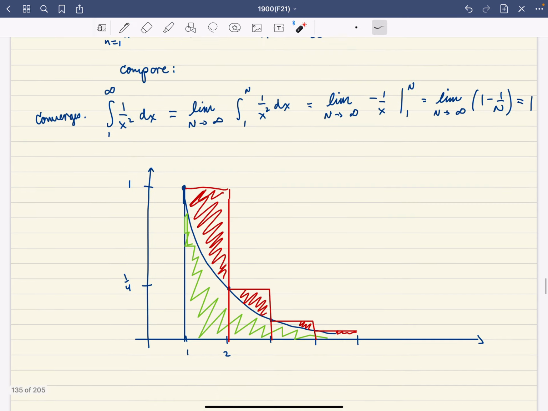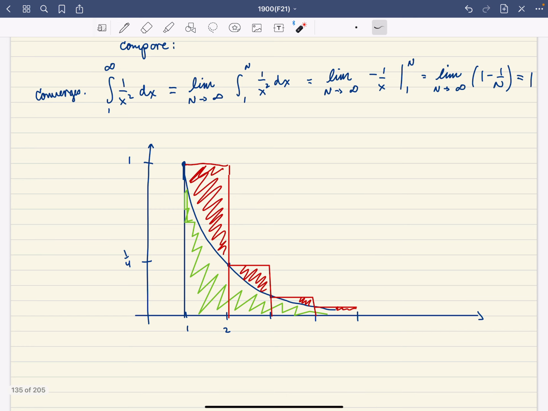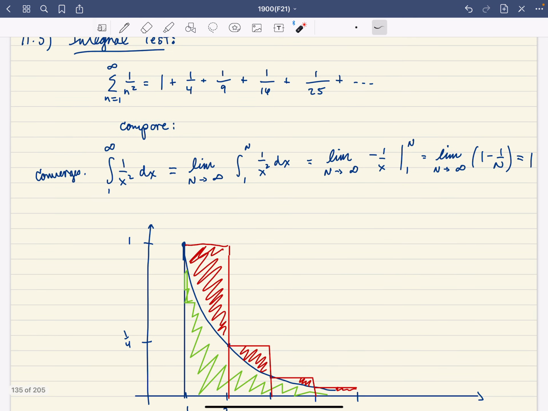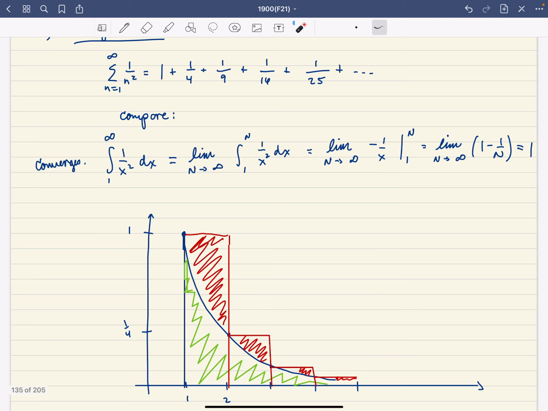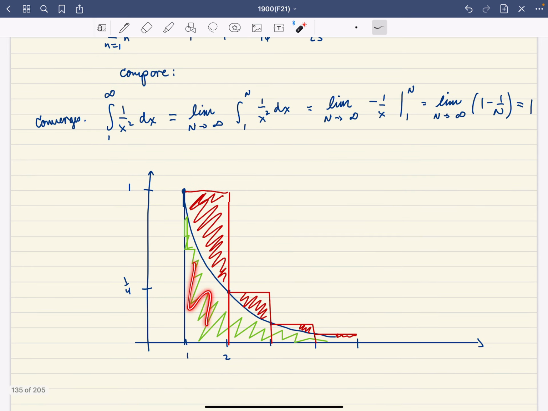What should be obvious is that the integral and the series have two different values. The area of the integral is the area of the green part, and the value of the series is the area of the green plus the red part. So the series is going to be larger than the integral.